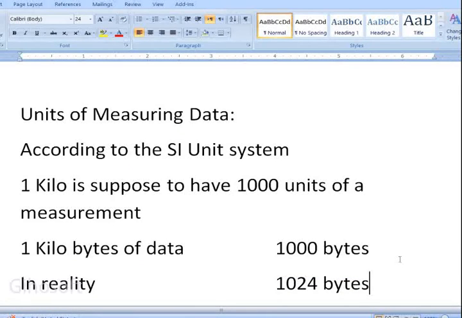Internal memories such as hard drives and your RAMs were using 1024 bytes as 1 kilobyte, whereas the manufacturers of USBs and other storage devices were still following the SI unit, and they would say, if you have 1000 bytes that means 1 kilobyte, and if you have 1000 megabytes that means 1 GB.